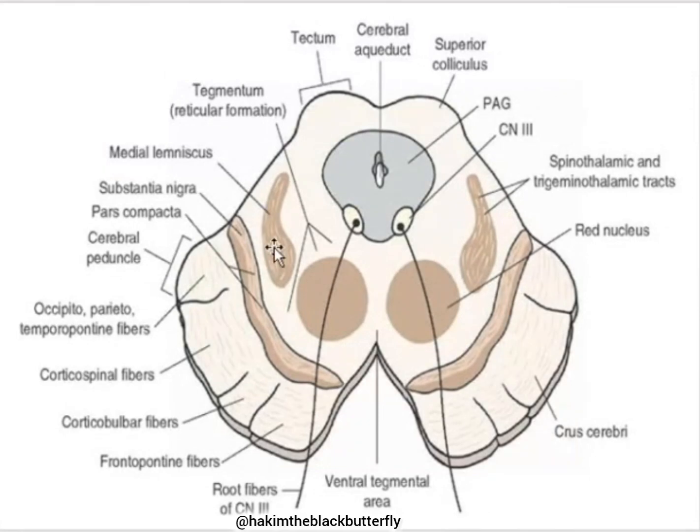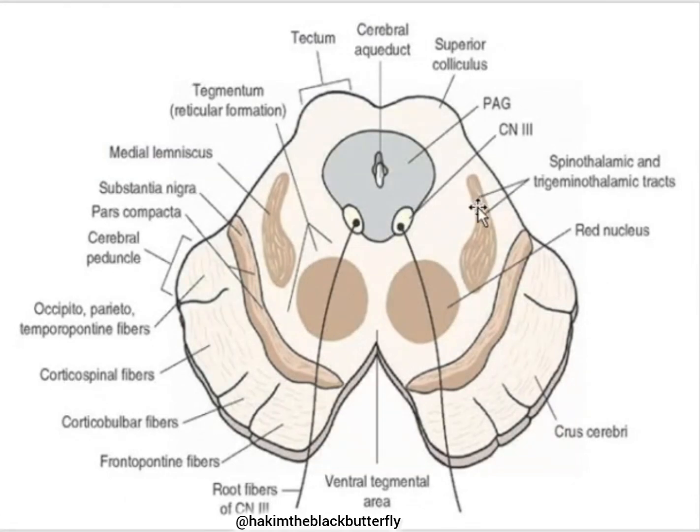Remember, anterior to the cerebral aqueduct we have the cerebral peduncles, which have three regions: the tegmentum, the substantia nigra, which is part of the basal ganglia, and the crus cerebri containing the descending tracts.